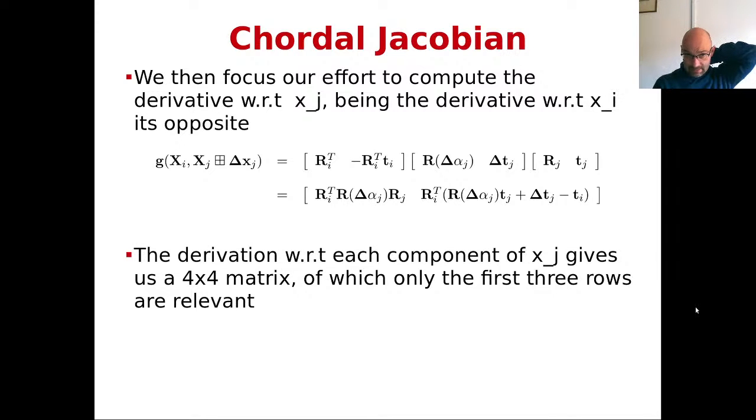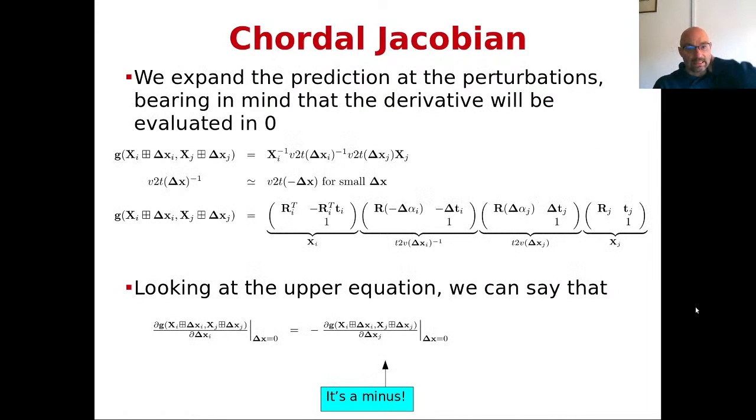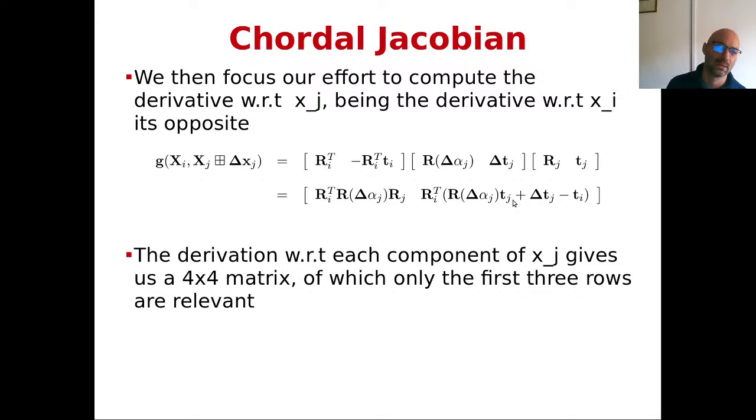Alright, now let's calculate the derivative of this matrix here with respect to the second term, alpha j and tj. Okay, so why doing so? Because this has a minus in front, and a minus disturbs me. Given that one is the opposite of the other, I can just start from the easier one, or the less boring one.